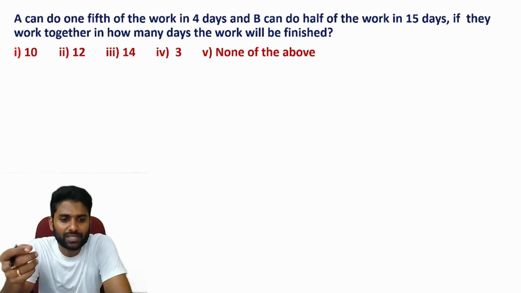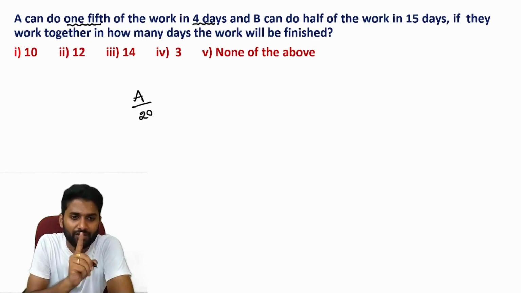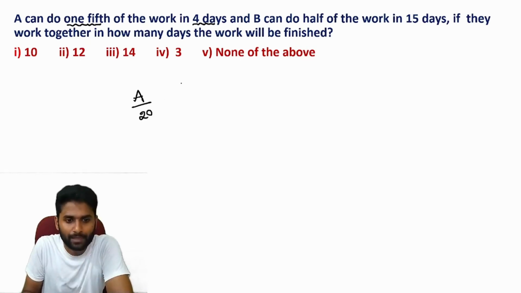If they work together, in how many days will the work be finished? Guys, they clearly mention that A completed 1 by 5th of work in 4 days. Now full work it takes exactly 20 days. 5 is multiplied with 4. Now B completed half of the work in 15 days. Now full work it takes 30. Now total work is exactly 60 units.